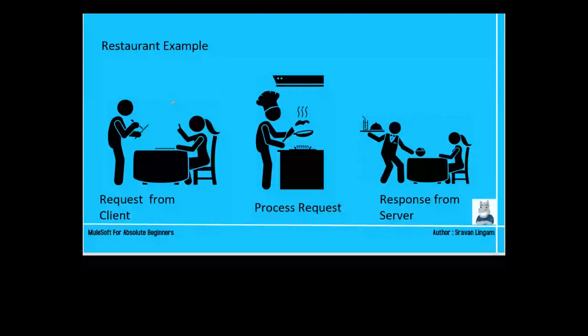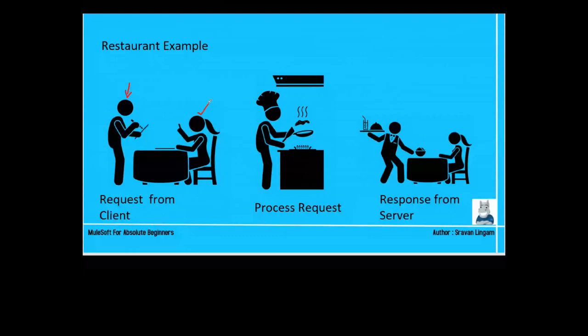This is our client, and this is some sort of processor by which we are sending, say, an HTTP client. So our client is sending some sort of request, ordering some sort of food or beverage, whatever they want to have. Then the request is going to be processed, right?